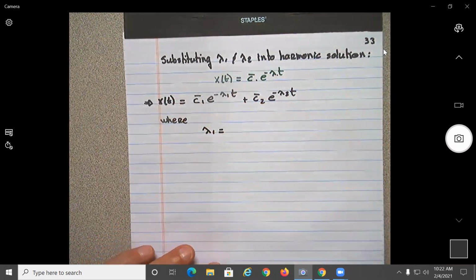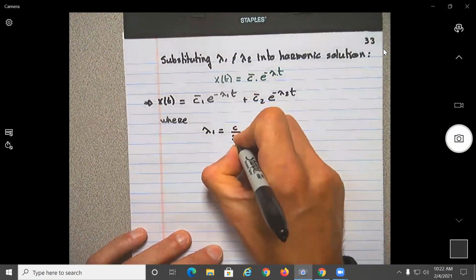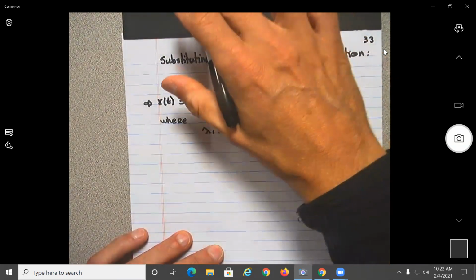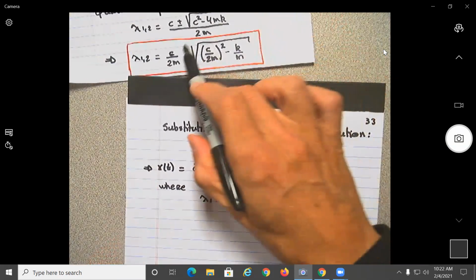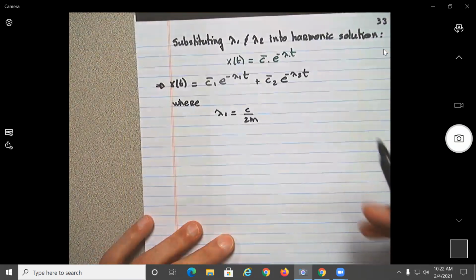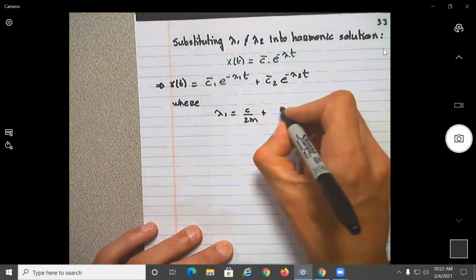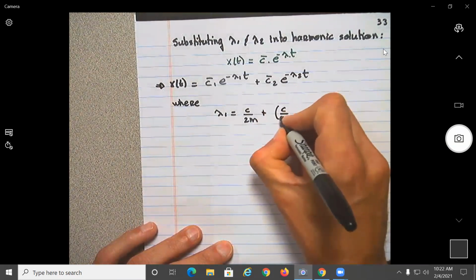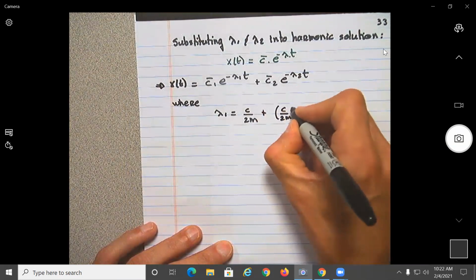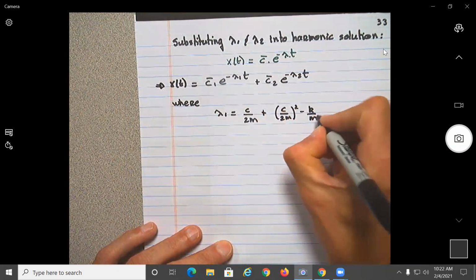Where lambda 1 will be equal to C over 2m. So we have these two roots over here. All right, so let's take the positive one first: plus square root of C over 2m squared minus K over m.